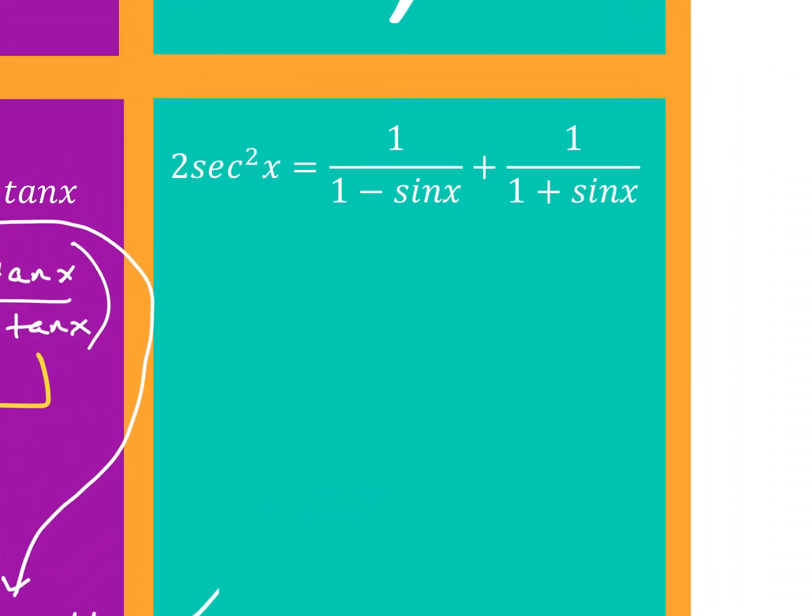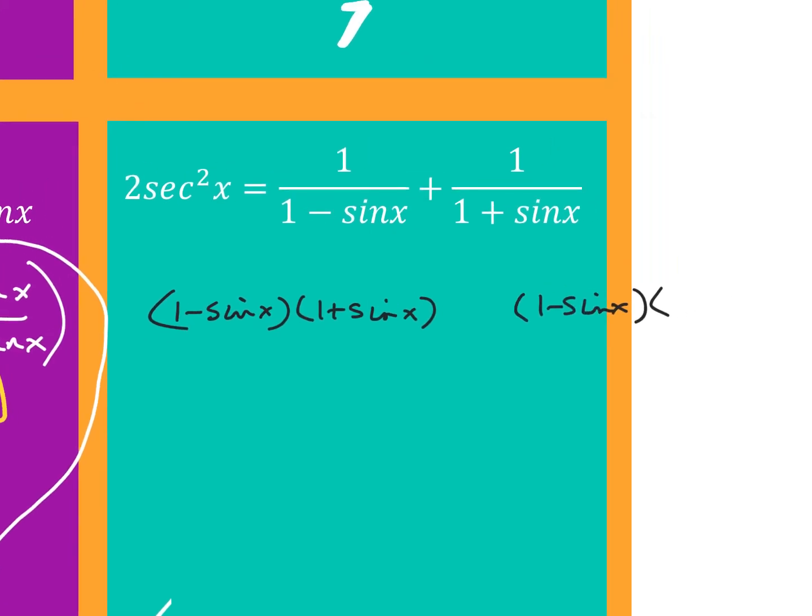For this one, my more complicated side is going to be the right side. I'm going to be finding a common denominator. My common denominator is going to be both 1 minus sine x and 1 plus sine x. Let me set it up for both.